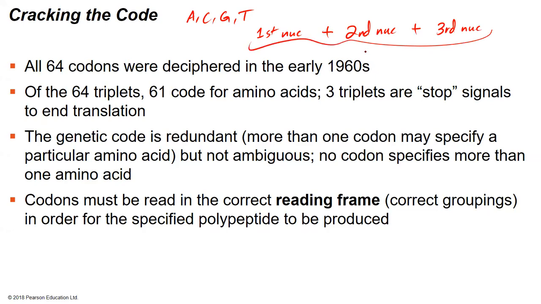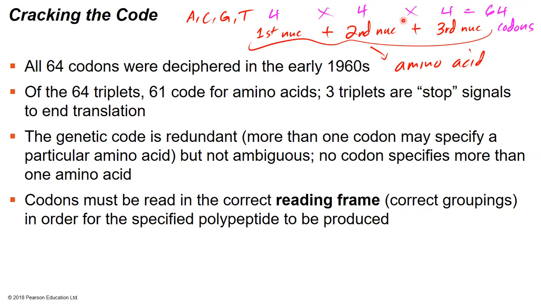All of these will give us only 1 amino acid. The first nucleotide could be 1 out of 4, so there are 4 different options. It could be A, C, G, or T. The second nucleotide could also be 1 of 4: A, C, G, T. The third nucleotide could also be 1 of these 4 nucleotides. So if we multiply 4 by 4 by 4, we have 4 cubed, 64 different potential codons or triplet codes. This is the triplet.